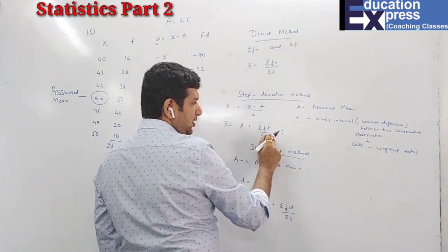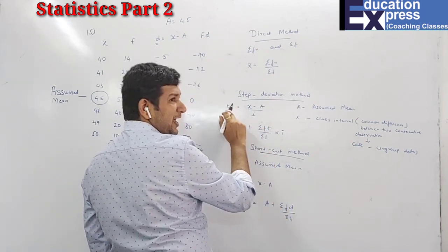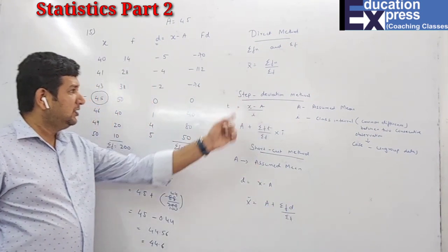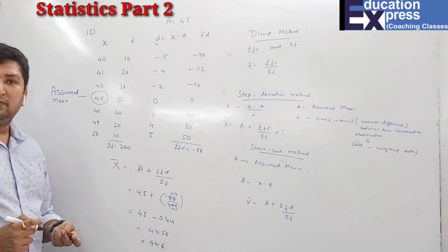Here obviously sigma ft, that is f into t, and here sigma fd, that is f into d, and these are the three formulas for your mean method.